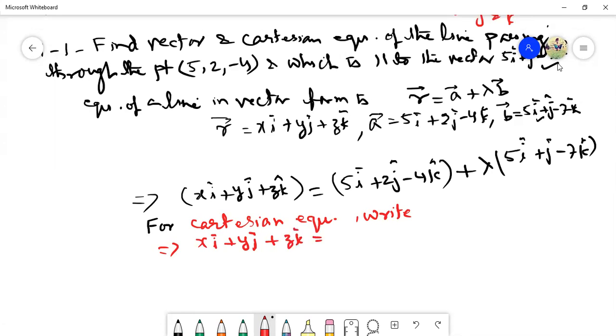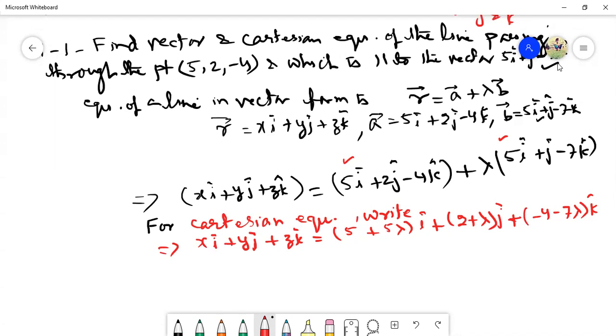Now I take the i coefficient common: 5 plus 5 lambda i, then 2 plus lambda j, and minus 4 minus 7 lambda k.